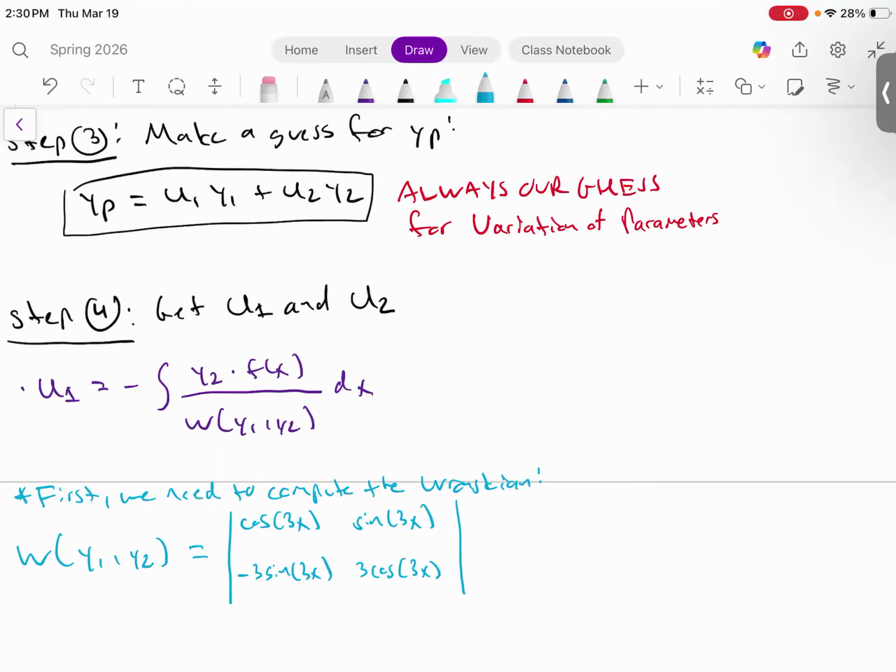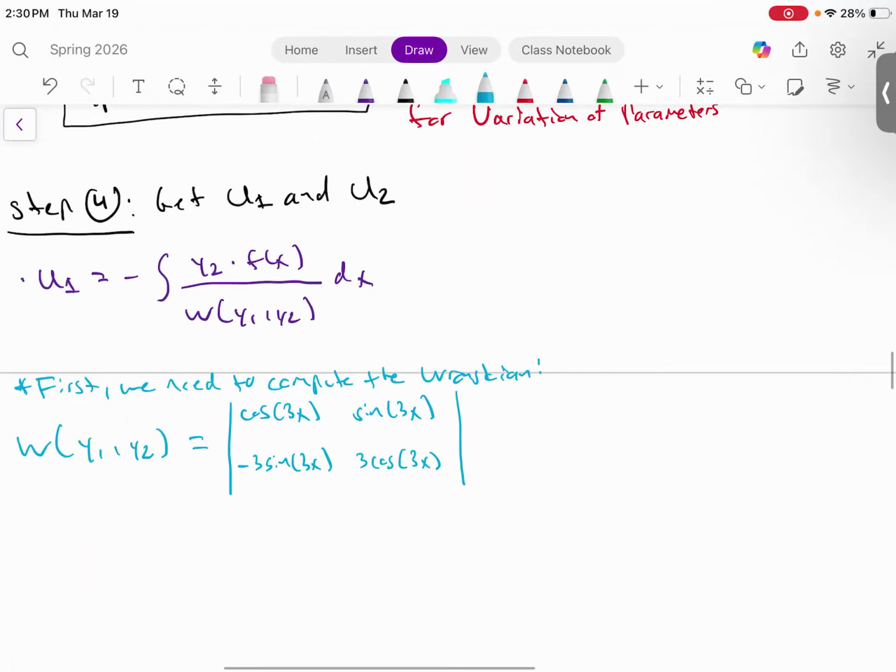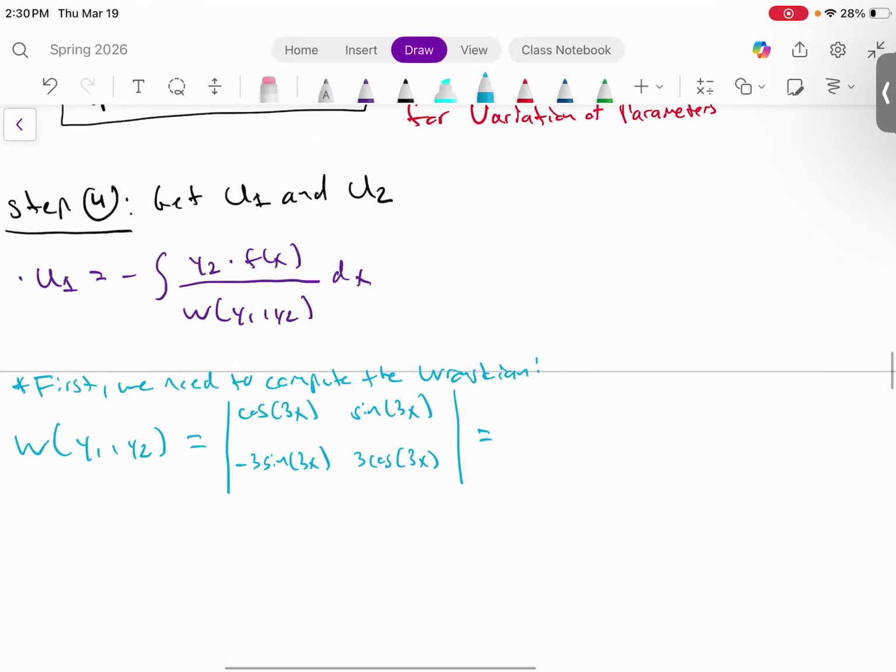And so the determinant would be 3 cosine 3x times cosine 3x, which is 3 cosine squared 3x, minus negative 3 sine squared 3x.